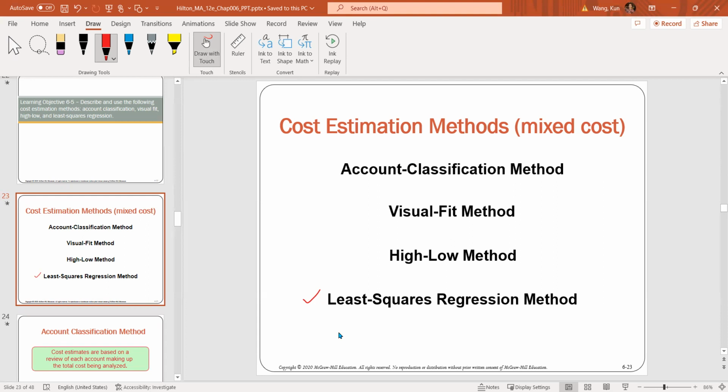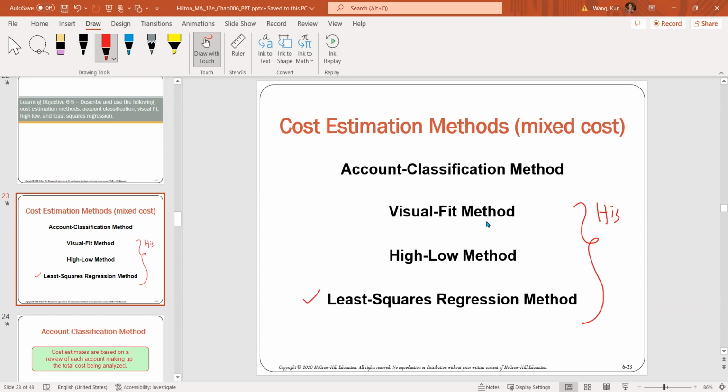But we also cover all the other three, and I believe sometimes they are still used in operations. If you use least squares or any of these three, you need to have historical data.